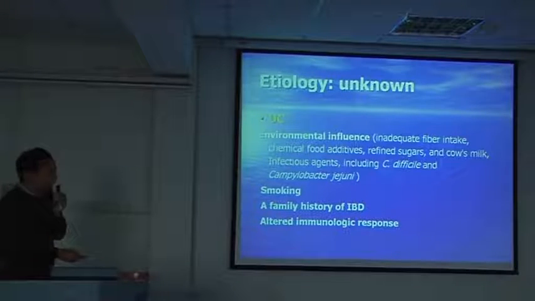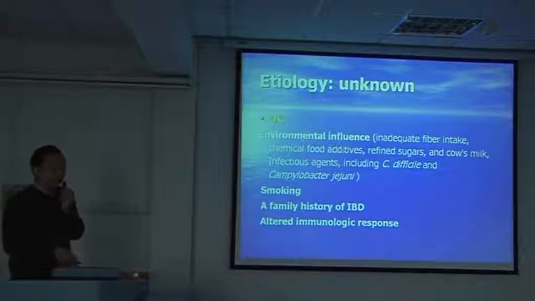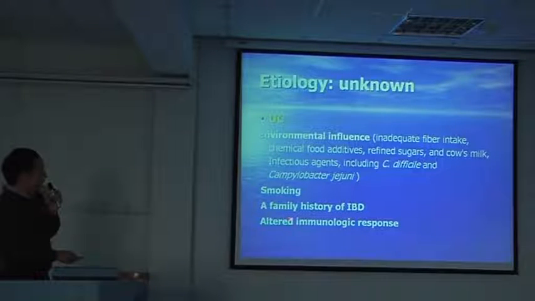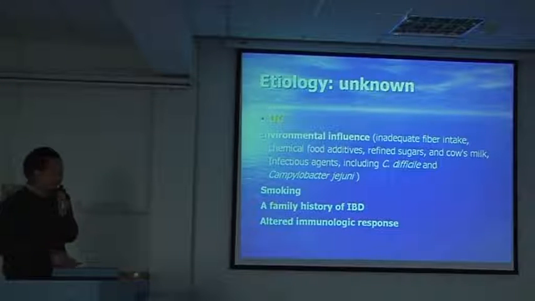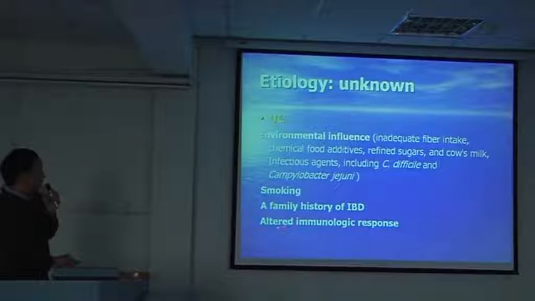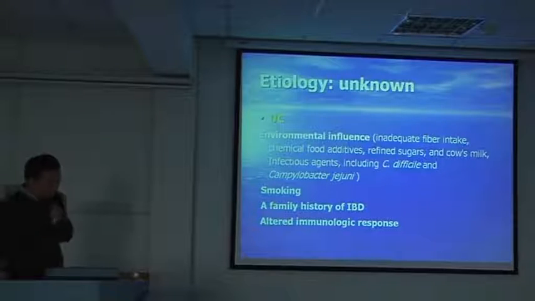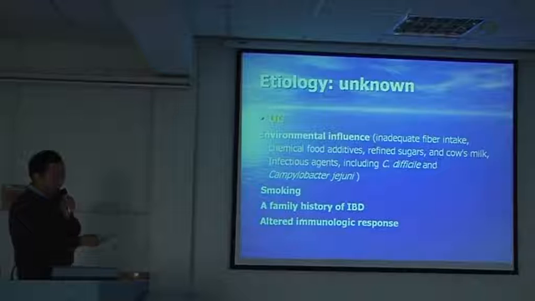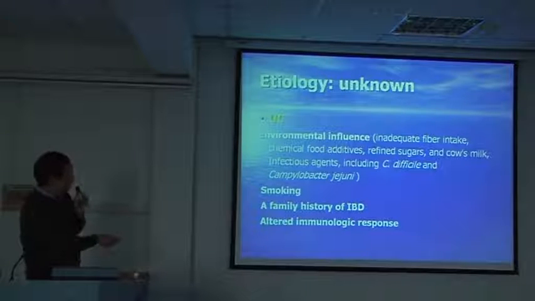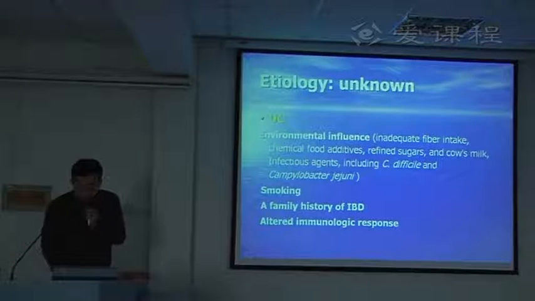Smoking, so it's better to stop smoking now. A family history of IBD, so maybe it is a hereditary disease, and also an altered immunological response. So it's unknown, maybe something related to these kinds of reasons.